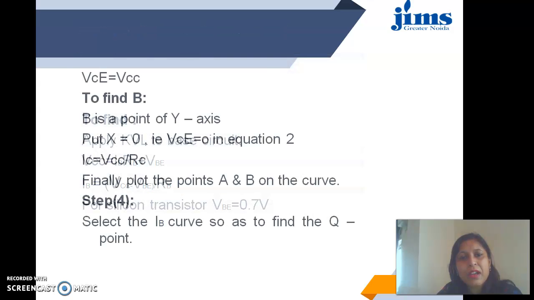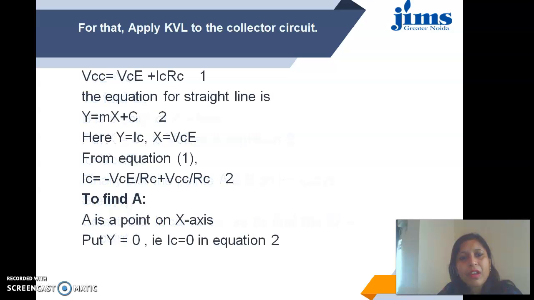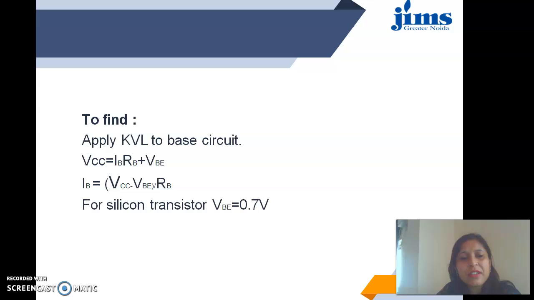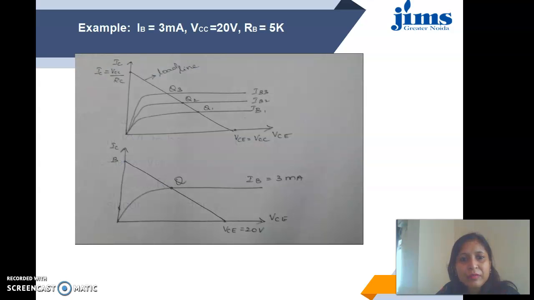First is VCE equals VCC and IC equals VCC by RC. These are the coordinates of the load line. The other equation, in terms of IB, is VCC minus VBE upon RB. So we put VBE equal to 0.7, or ideally we can assume VBE equal to 0 in the case of an ideal transistor, an ideal PN junction.